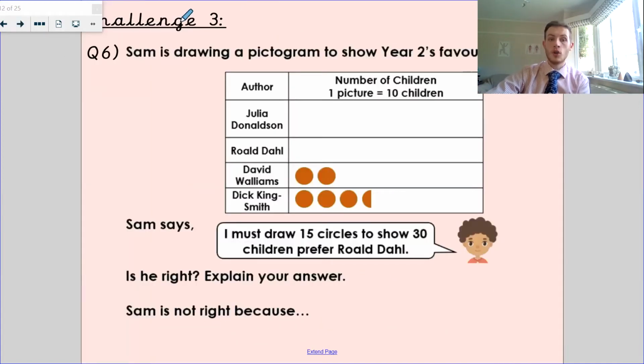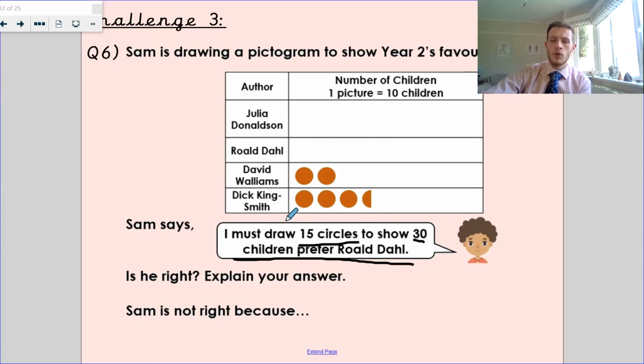And there is one more, I believe. I think this is the last one. Oh no, there's 2 more. It says Sam is drawing a pictogram to show Year 2's favourite author. So you've got Julia Donaldson, Roald Dahl, David Williams, and Dick King-Smith. Sam says, I must draw 15 circles to show that 30 children prefer Roald Dahl.